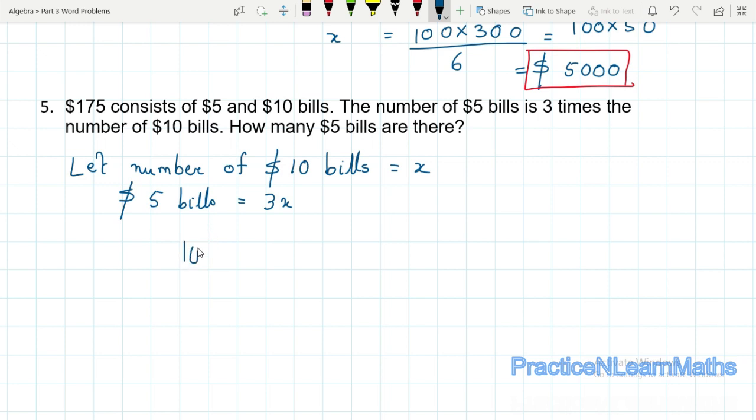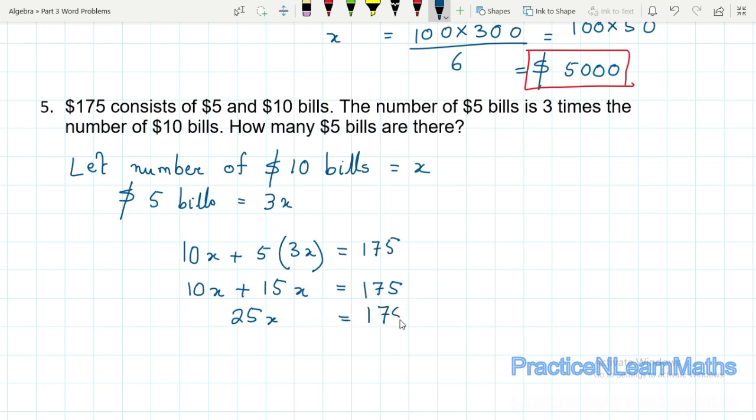So 10x plus 5 times 3x is equal to 175. Dividing both sides by 25, we get x is equal to 7.